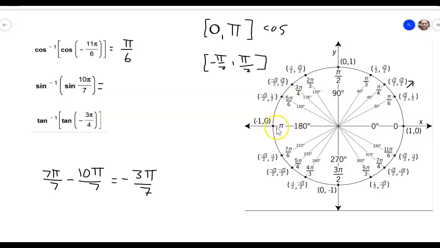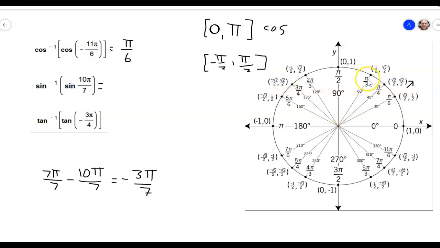We can just take pi and subtract the pi over 6 to get our 5 pi over 6, right? And the same thing with pi over 4. The sine of pi over 4 is the square root of 2 over 2. We can take pi, subtract that pi over 4, and we get 3 pi over 4, and that's also going to give us root 2 over 2.